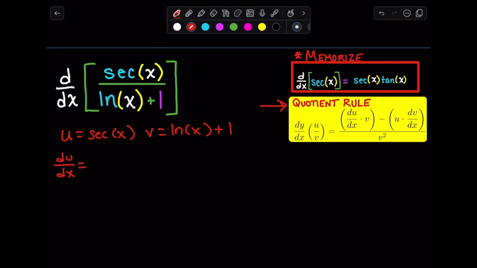du dx equals, if we refer to up here, secant x tan x, and dv dx equals 1 over x.